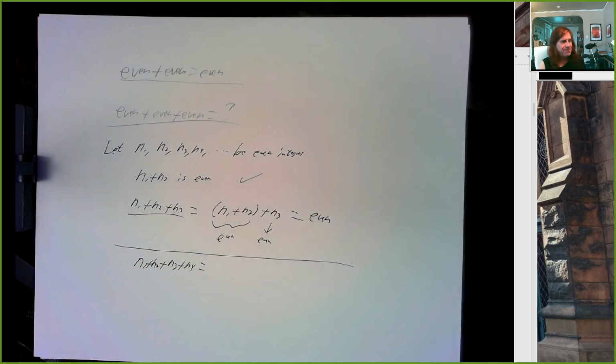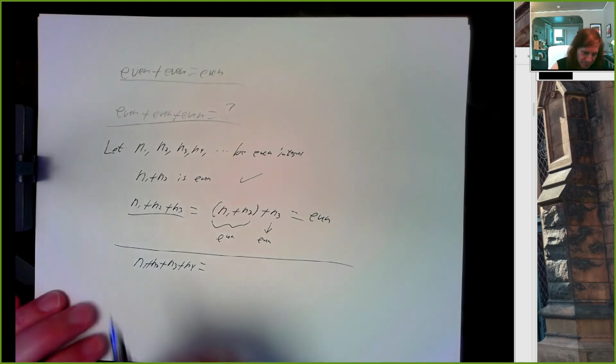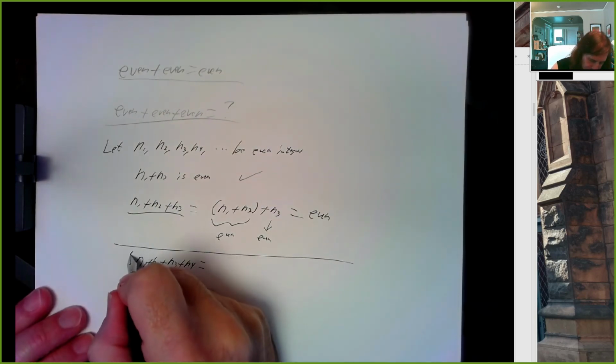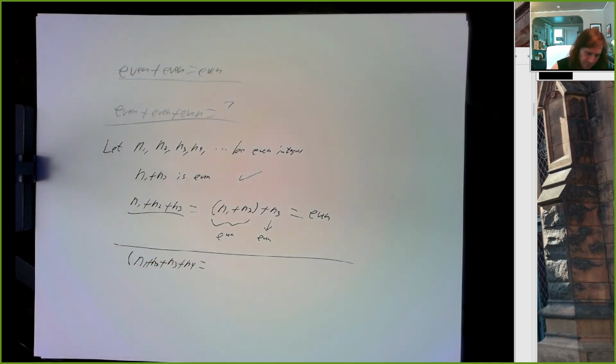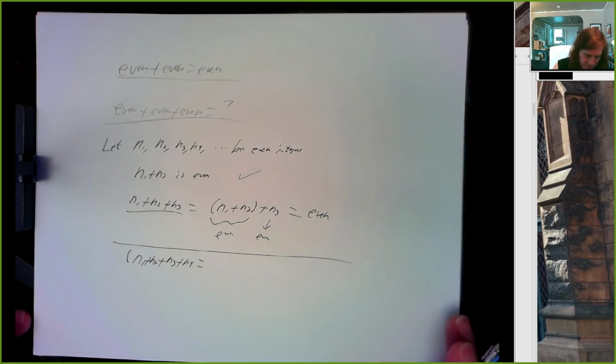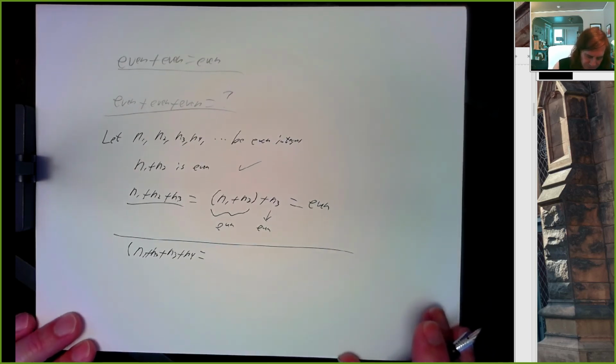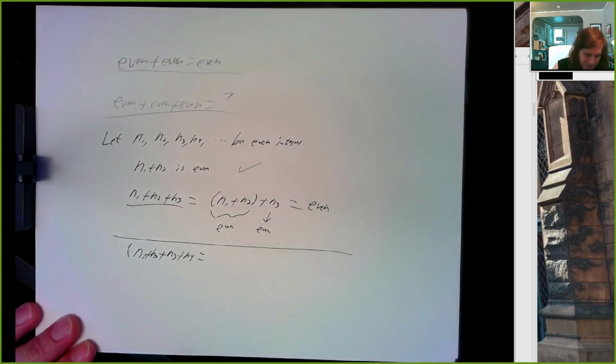But what can we say about the sum of four evens? Anything? Double n1 plus n2, which is n1 plus n2 added with itself, essentially. Okay, so let me do it slightly differently.